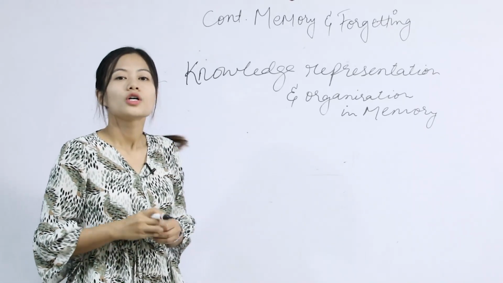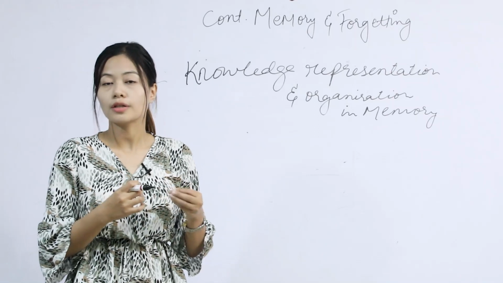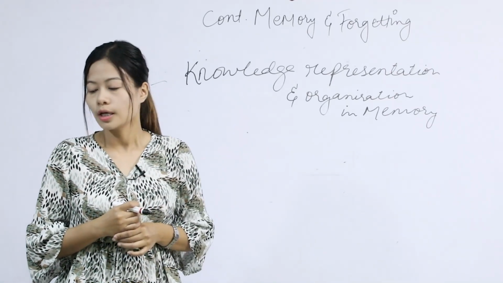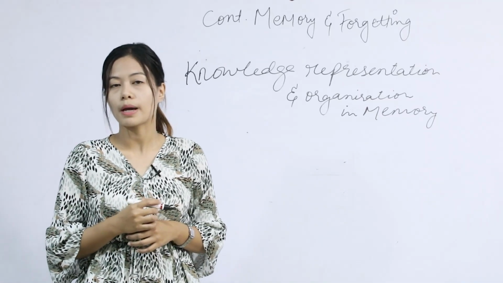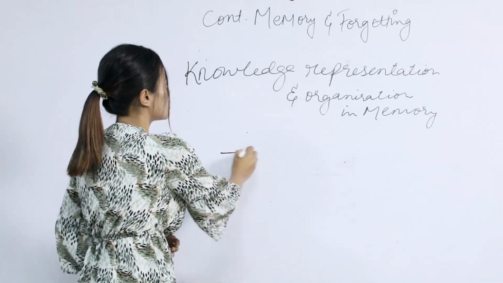The process of storing and retrieving information depends on the representation and organization in memory. The most important unit of representation of knowledge in long-term memory is the concept. Now, what are these concepts?